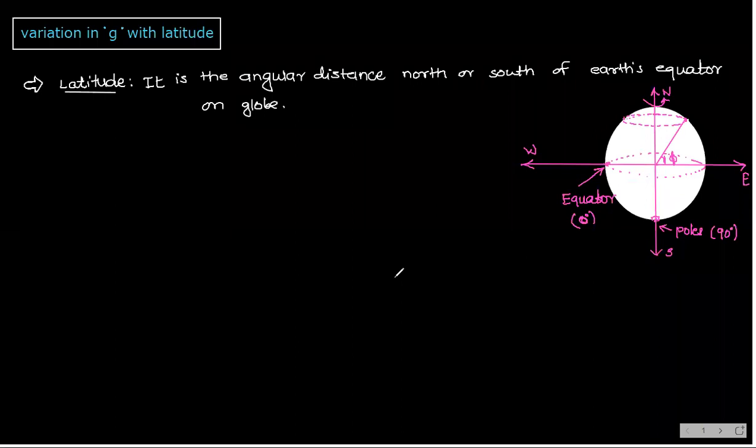So I can write that at the equator phi is equal to 0, and at the poles phi is equal to 90 degree. Understood? Latitude clear? Understood everyone?